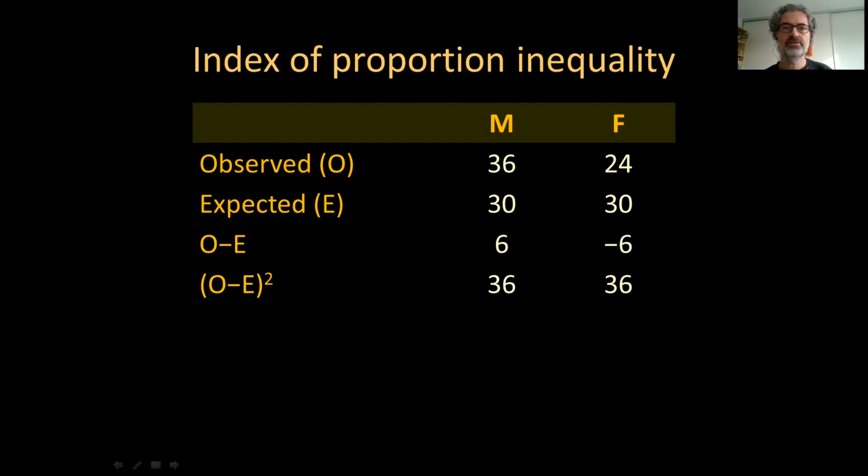Now, these are our squared deviations from expectation. This would be a reasonable index of deviation from expectation. However, we miss something important. Note that these numbers we get here are of the same order of magnitude as the observations. So they're fairly substantial.